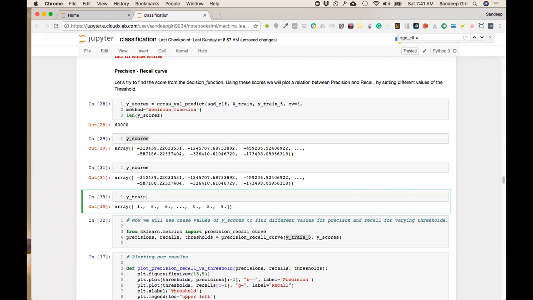That's the score. That's how you can look at it. Higher value of score means that a value is very well matching with 5. Lower value of score means the particular digit or particular image is not matching with 5.